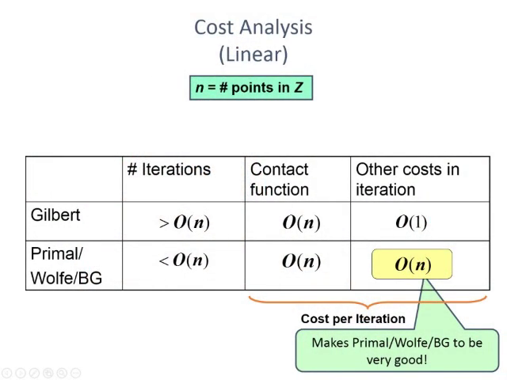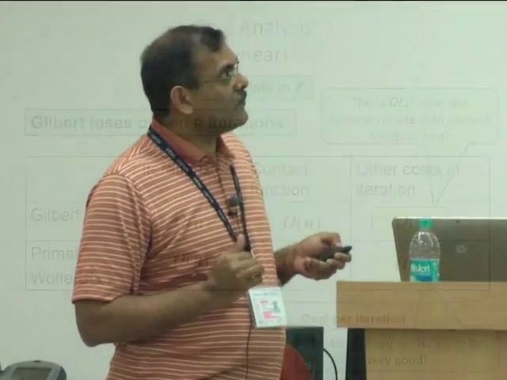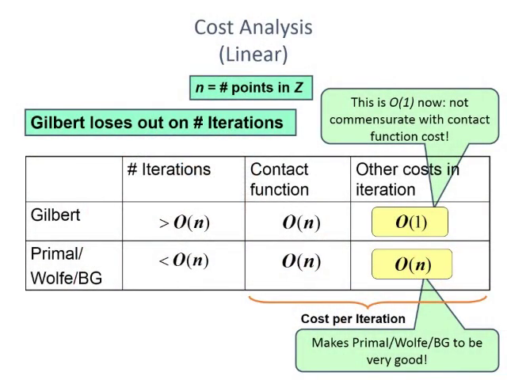Now when we move into linear, suddenly this computation becomes very, very simple, because you take the direct data matrix and then operate on it. Those are the points for you, and therefore that turns out to be much simpler. Gilbert also improves, but now you see this disconnect between the contact function and the other costs.